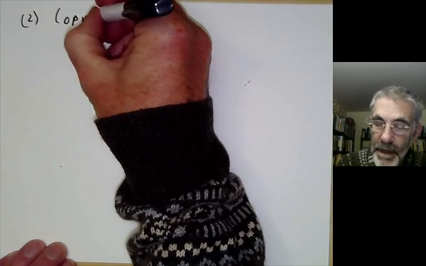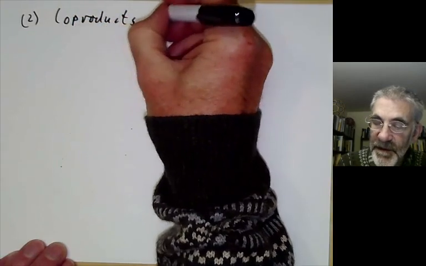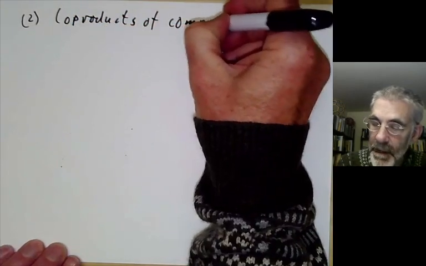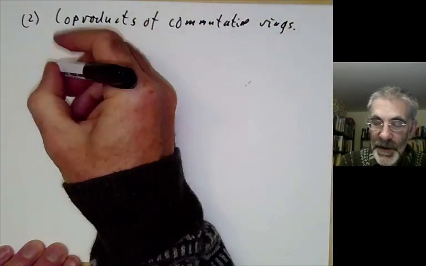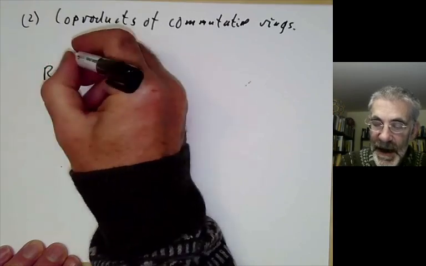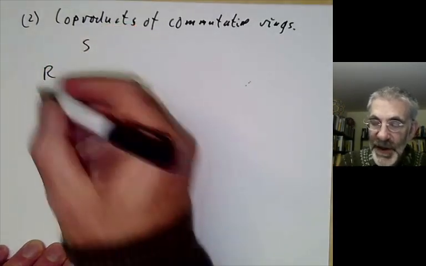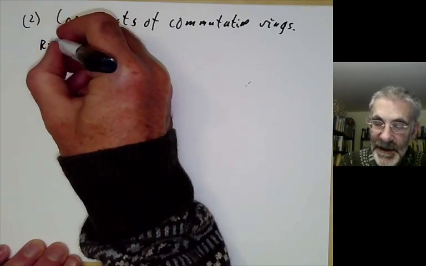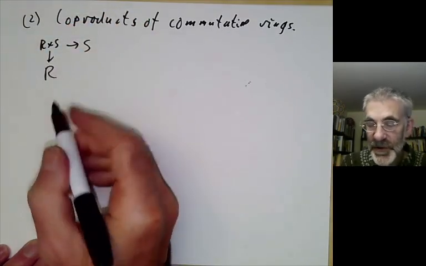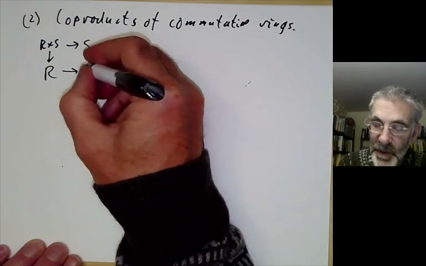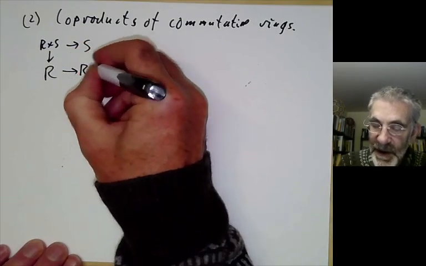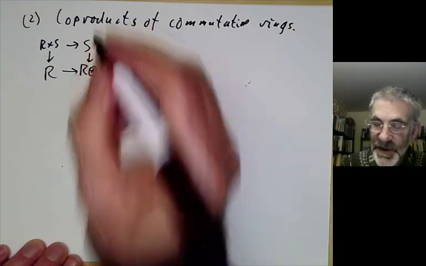Next application, we can look at coproducts of commutative rings. So suppose we've got two rings R and S. Then we can certainly form their product, R times S, in the usual way, which is universal for maps to R and S, but we'd also like to form a coproduct, and I'm going to write this as R tensor S because that's what it will be.